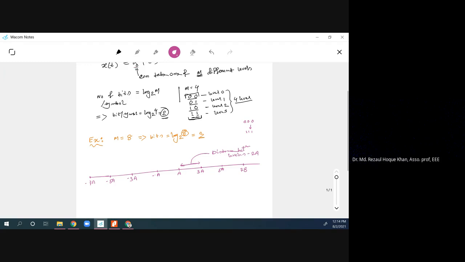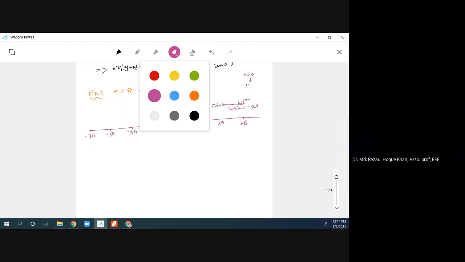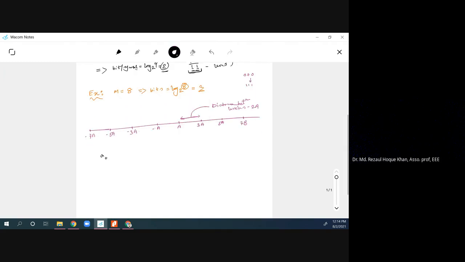So our signal a0 belongs to plus minus A for this example, plus minus 3A, plus minus 5A and plus minus 7A.